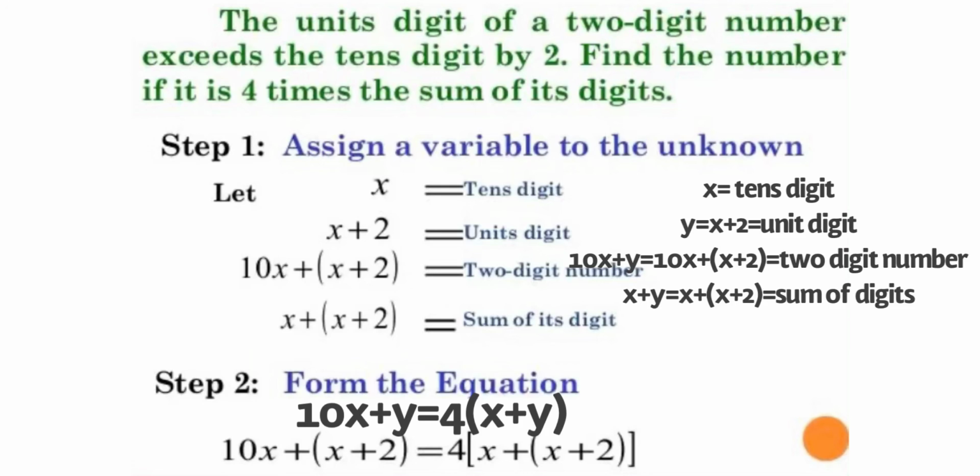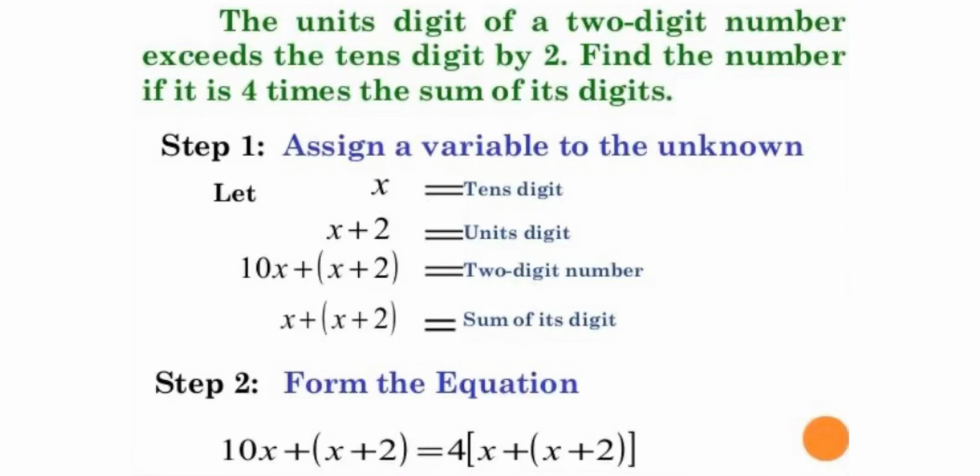So according to equation 1, the number is 10x plus x plus 2, and according to equation 2, the sum of digits is x plus x plus 2. So 10x plus x plus 2 is equal to 4 into (x plus x plus 2), or you can say 10x plus y is equal to 4 into (x plus y), which is our equation.